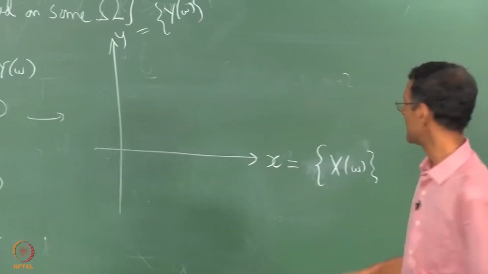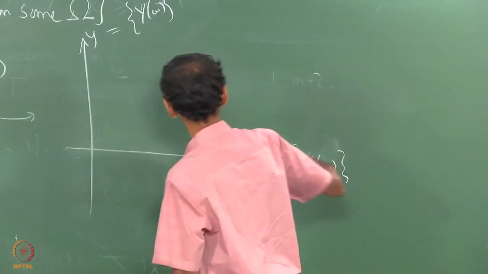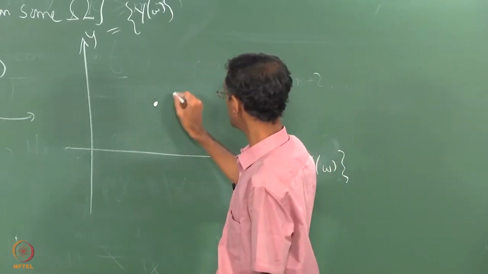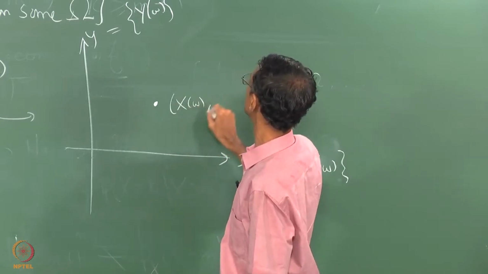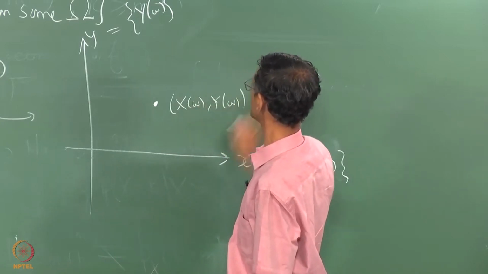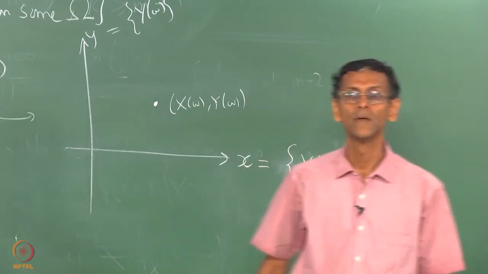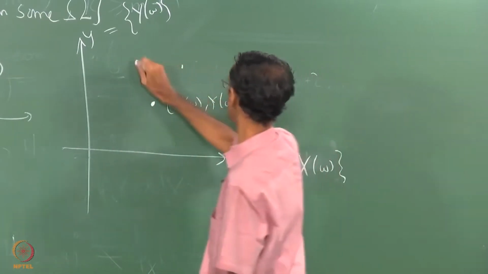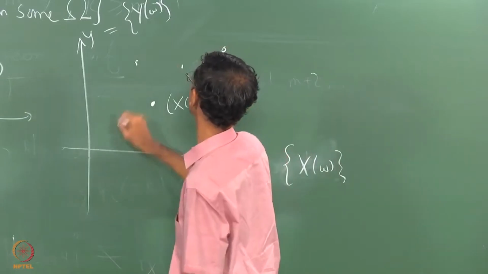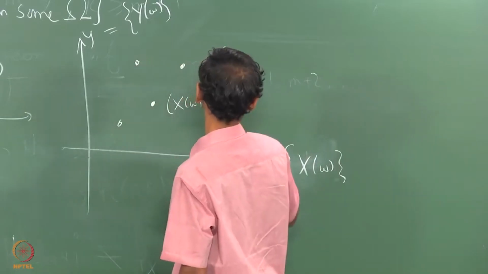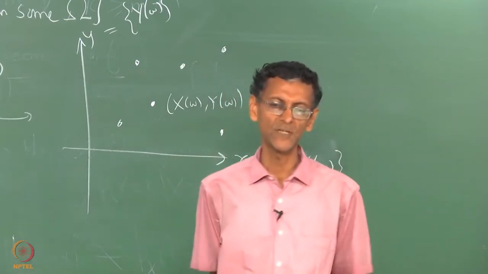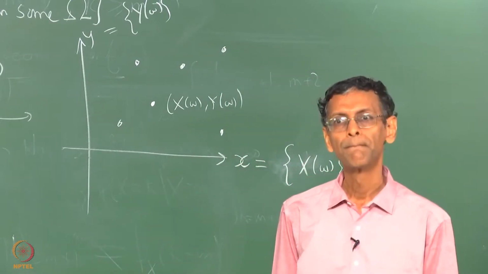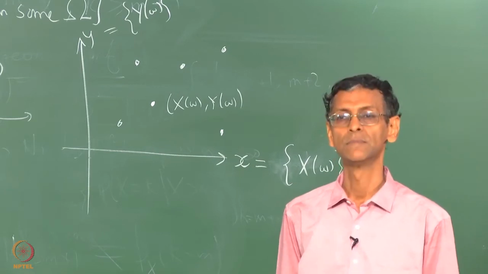If I put a point here, I have the coordinates x of omega, y of omega. Now, let us say I do it for all possible points. What will I get? I will get some collection of points which in many cases falls on a nice grid, some integer grid maybe.